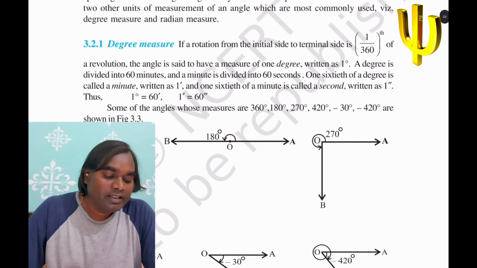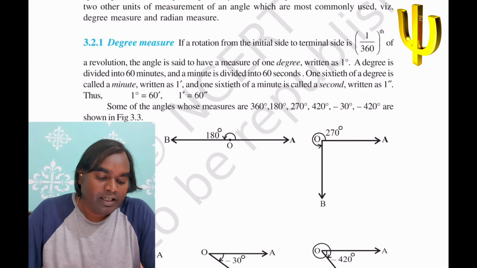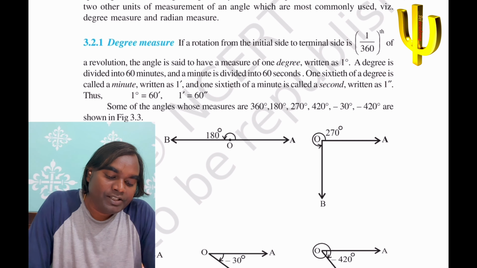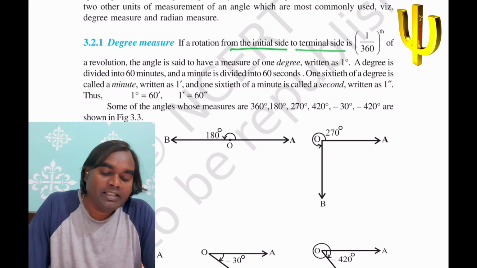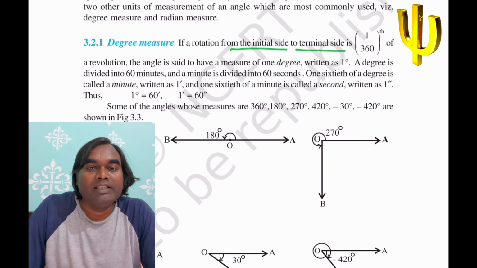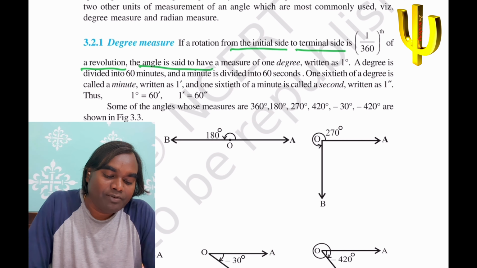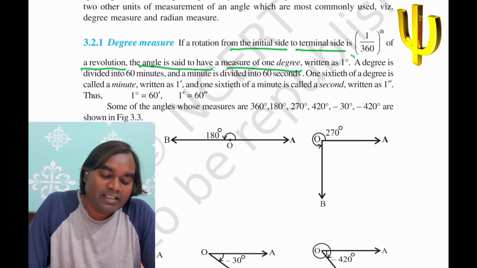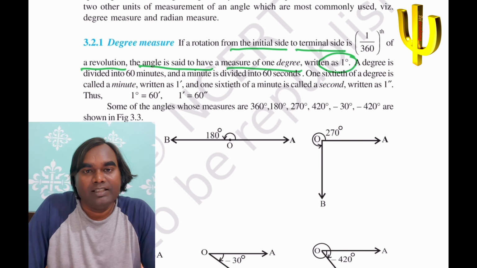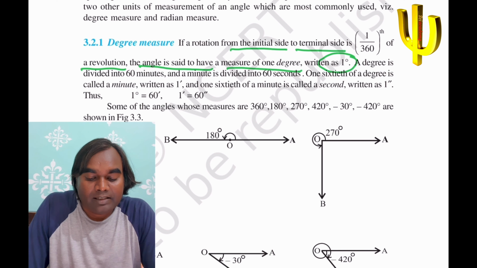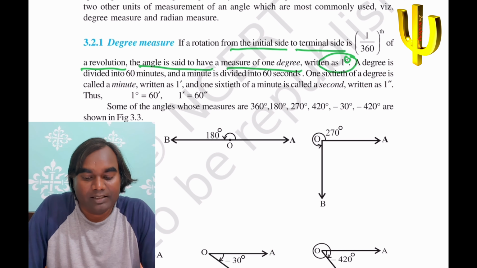Degree measure. If a rotation from the initial side to the terminal side is 1/360th of a revolution, then the angle is said to have a measure of 1 degree, written as 1°. This is known as the degree sign.